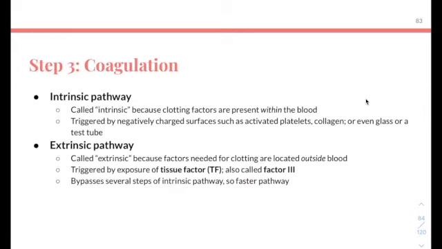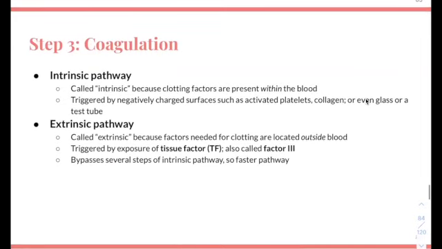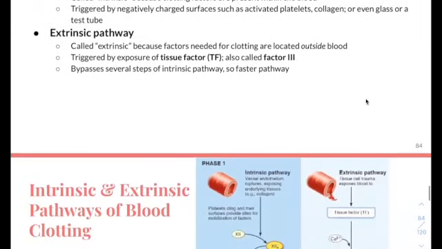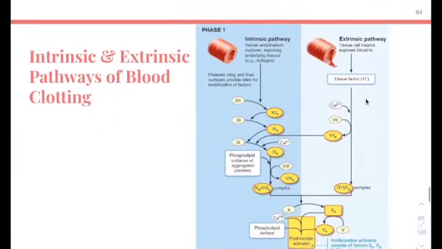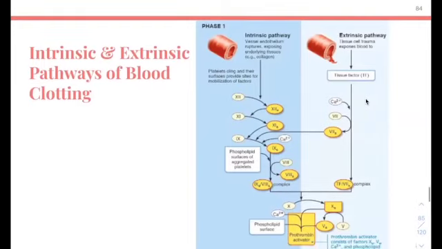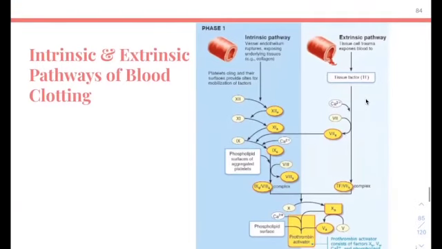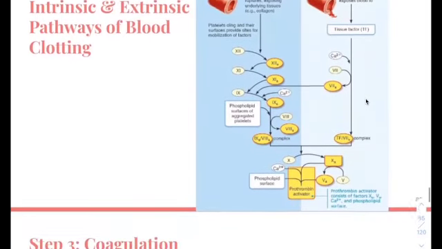And this helps to bypass steps of the intrinsic pathway, so the extrinsic pathway is actually faster to form that platelet plug and the blocking off of the blood vessel. So this chart just shows both pathways, intrinsic and extrinsic, and how the extrinsic pathway is so much quicker.